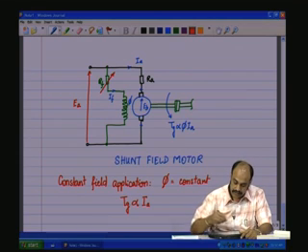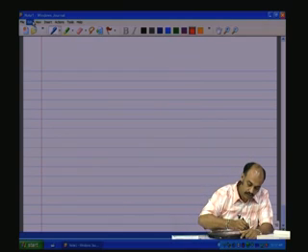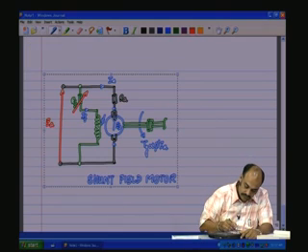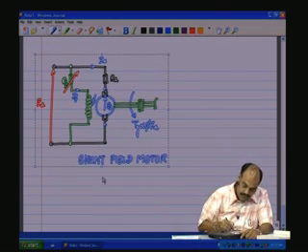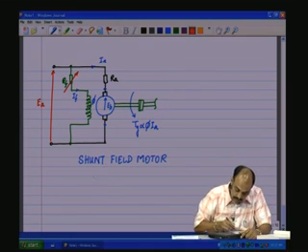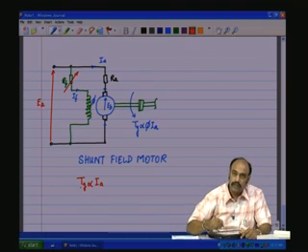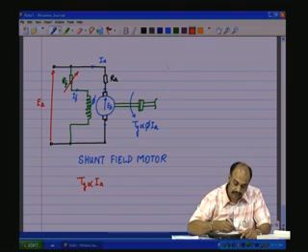So, therefore, as a result, as Tg is proportional to only Ia, the torque varies linearly with the load.